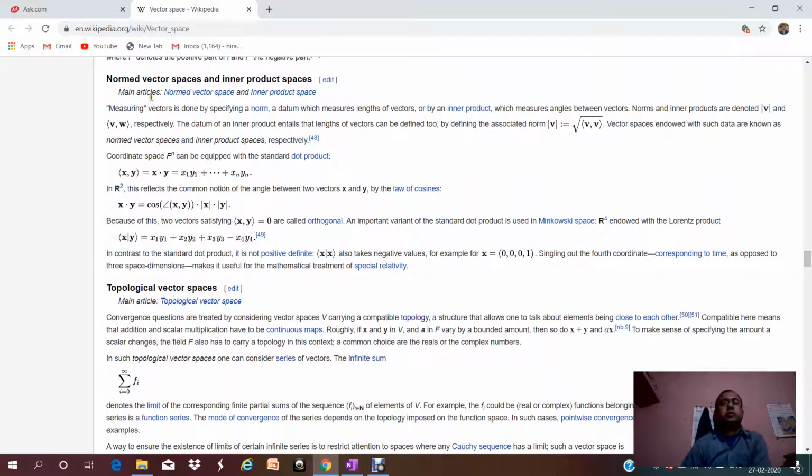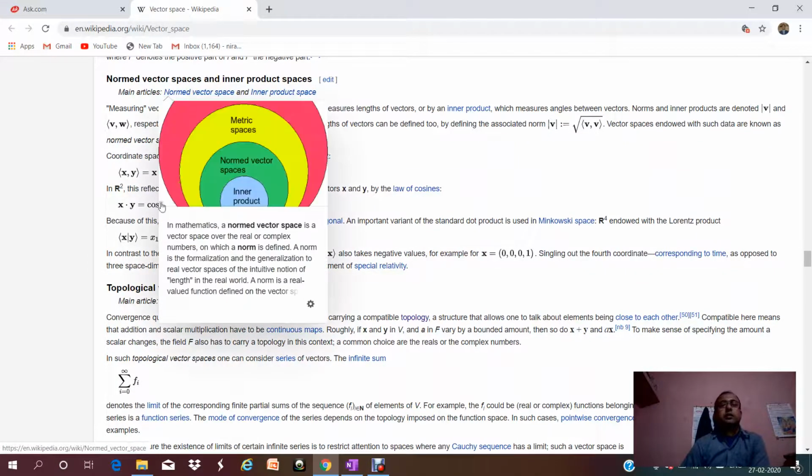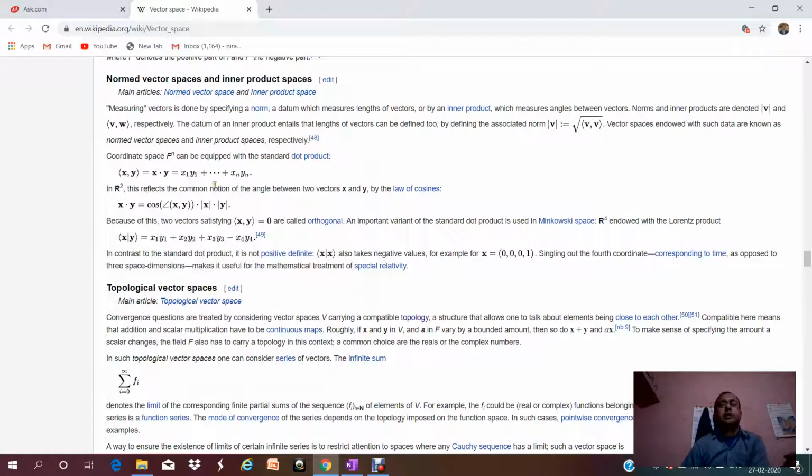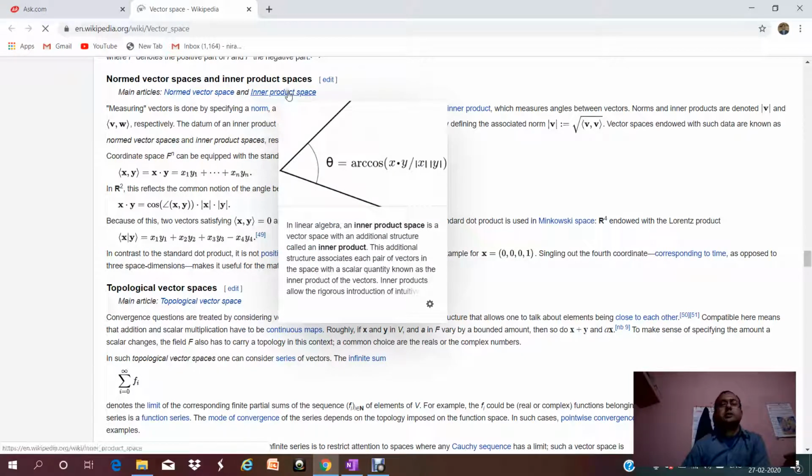This is important: normed vector space and inner product space. So I first discuss inner product space.